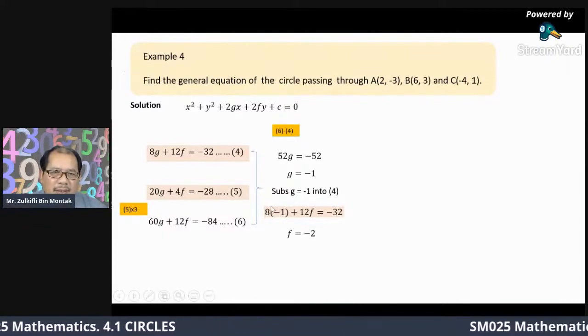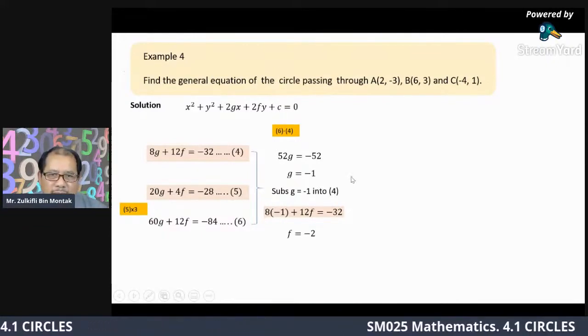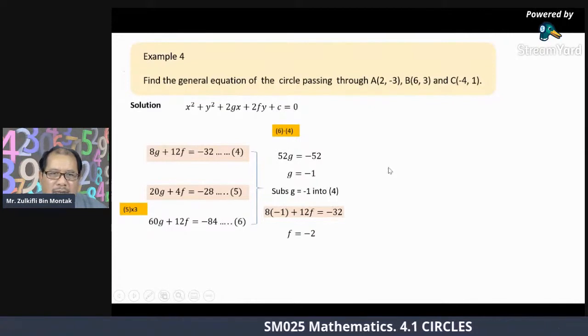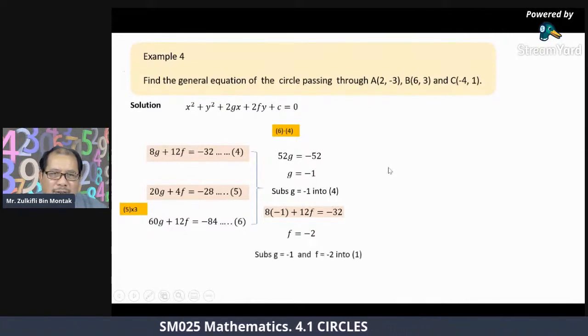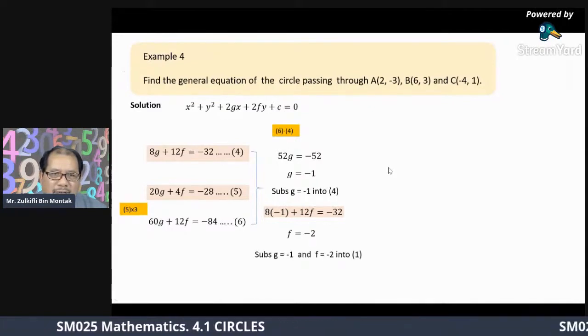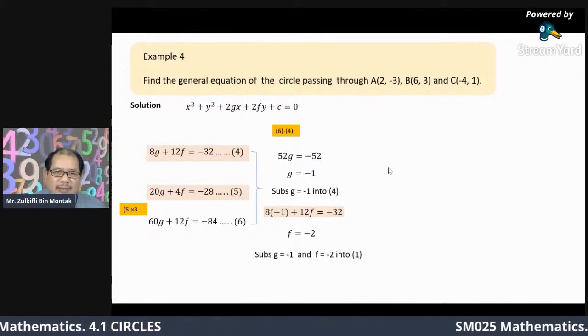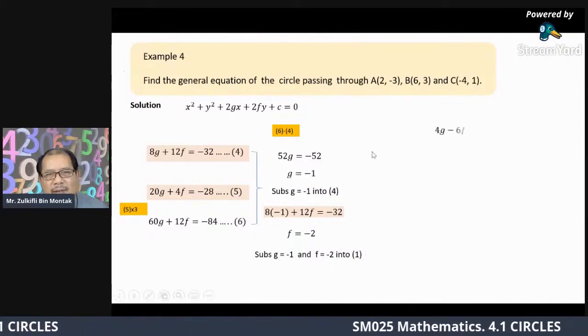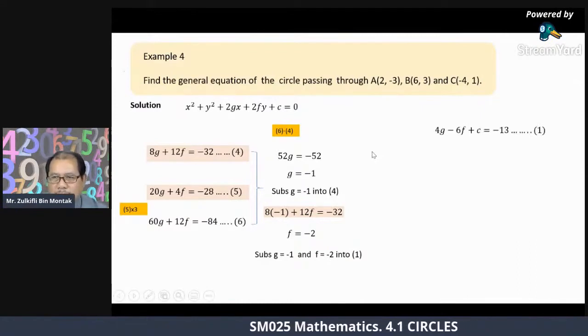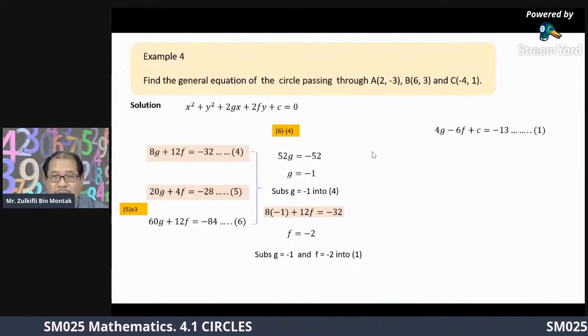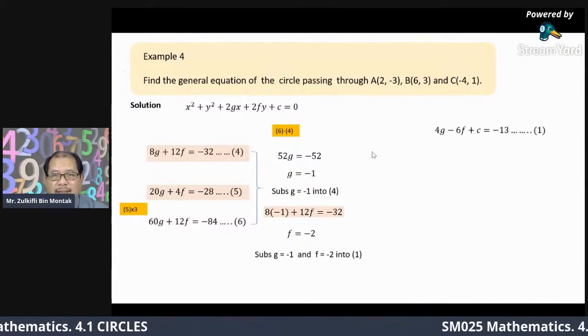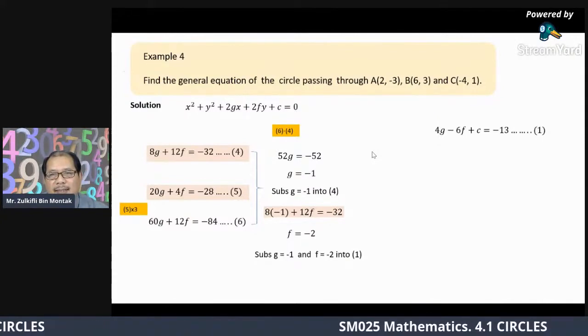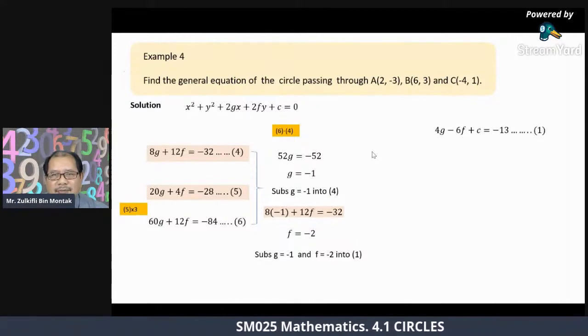Now the last one, we want to find the value C. How to find the value C? We substitute G equal to negative 1, F equal to negative 2 into equation number 1. Equation number 1: 4G minus 6F plus C equal to negative 13.